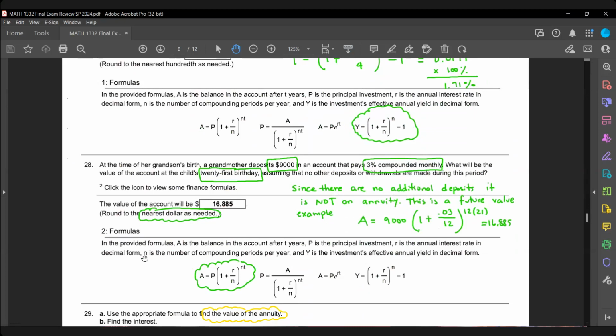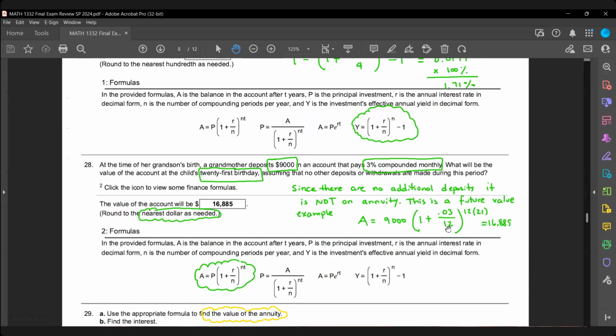Because there are no additional deposits, this is not an annuity. This is just a future value example with compounding, and the appropriate formula for that is this one that I've highlighted here. Initial deposit is 9,000. The interest rate is 3%, here in decimal form.